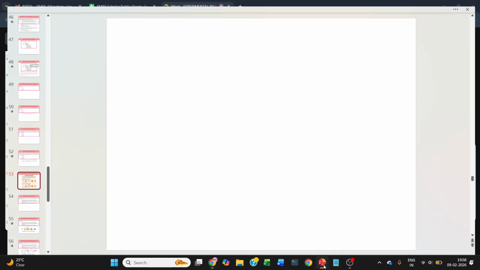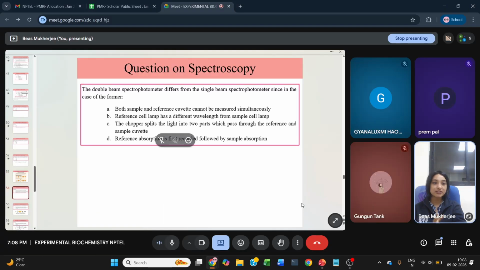Now there is this question, based on the double beam spectrophotometer. This double beam spectrophotometer differs from a single beam spectrophotometer, since in the case of the former, both sample and reference cuvette cannot be measured simultaneously. Reference cell lamp has different wavelength from single cell lamp. The chopper splits the light into two parts, which passes through the reference and sample cuvette.